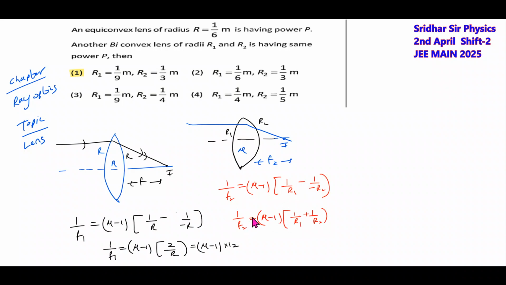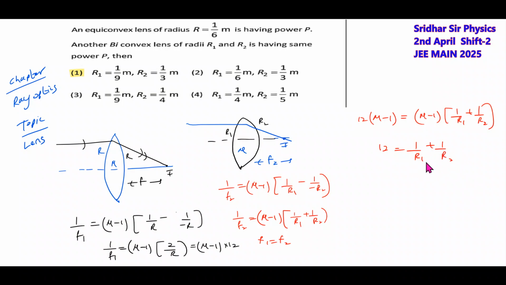Having same power means f1 equal to f2. So substituting this value here, 12 into mu minus 1 equal to mu minus 1 into 1 by r1 plus 1 by r2. 12 equal to 1 by r1 plus 1 by r2.